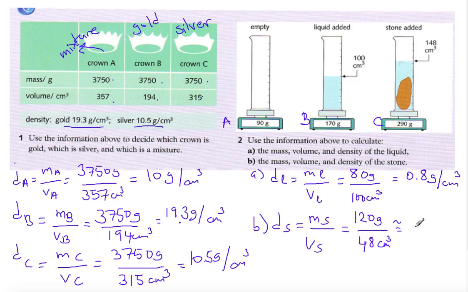The answer is about 2.7 kilogram per meter cube, the density of stone, and the density of liquid.